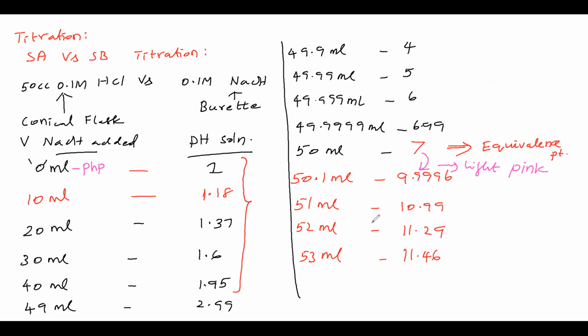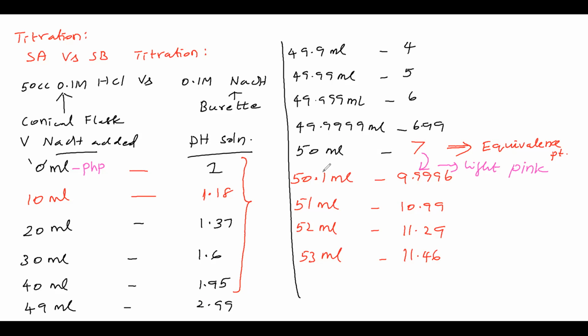That means phenolphthalein gives colorless up to this equivalence point. Beyond this point, what happened is that a light pink color appears.